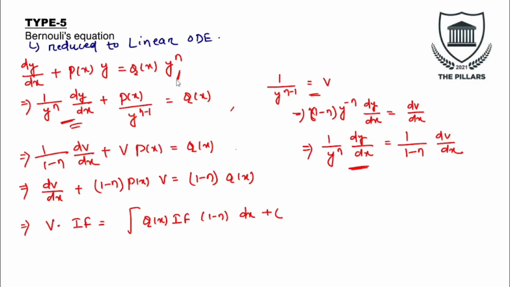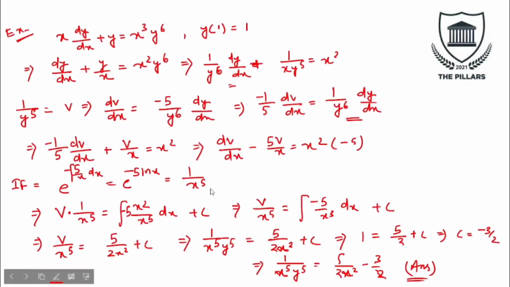Then this will be reduced to a linear ordinary differential equation, and we know how to find the solution. So this is the main formalism, and we did an example also here. I think this part is clear.